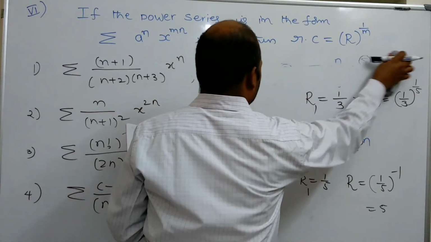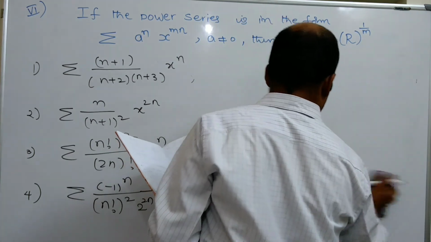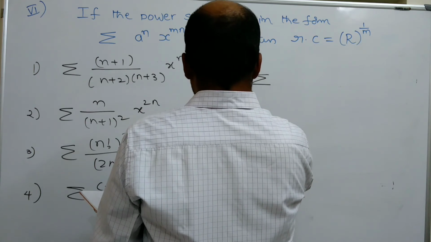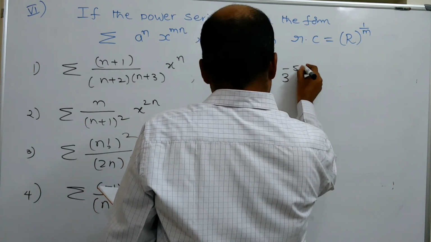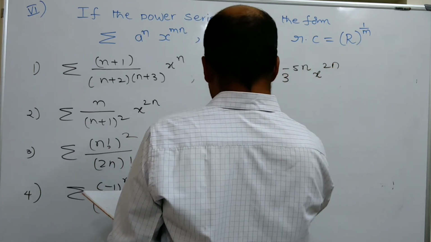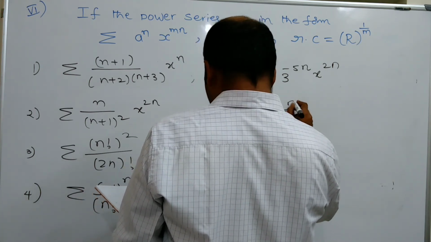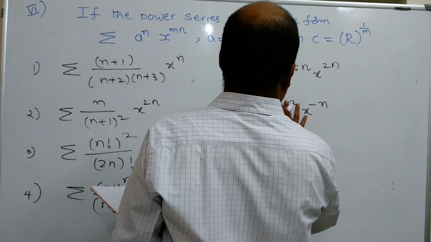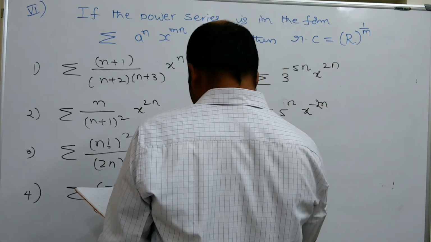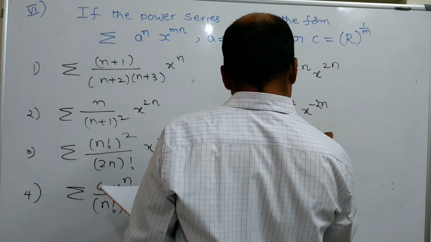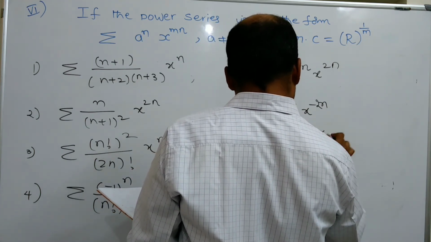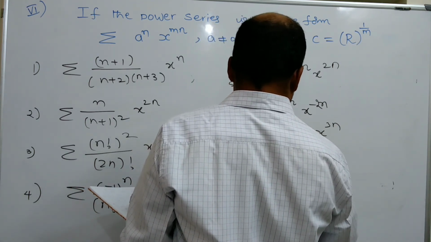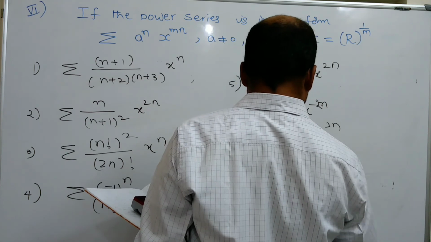And the next one, summation 3 power minus 5n x power 2n. And the next one, summation 5 power n x power minus 2n. And the next one, summation 2 power n 3 power n x power 3n. And the next one, summation 7 power minus n into x power 7n.